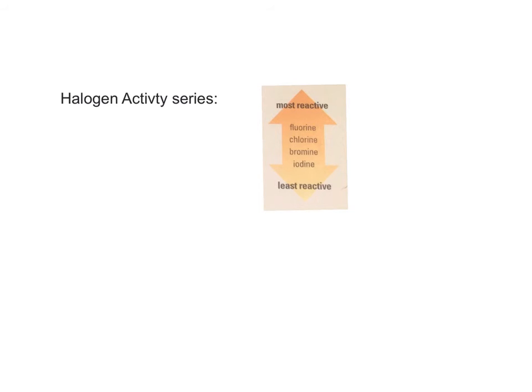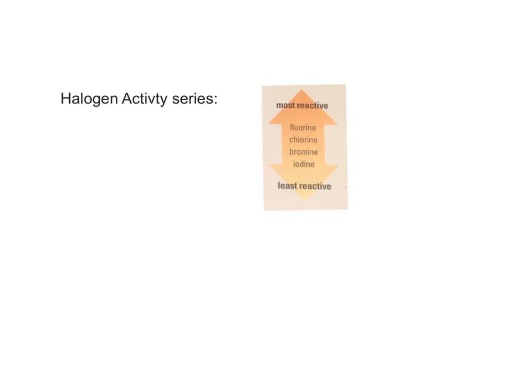Metals are not the only types of elements that can be displaced in a single displacement reaction. Halogens also have a separate activity series, and it's found on page 127 in your textbook, and it looks something like this. It acts by the same rules as the activity series for metals.